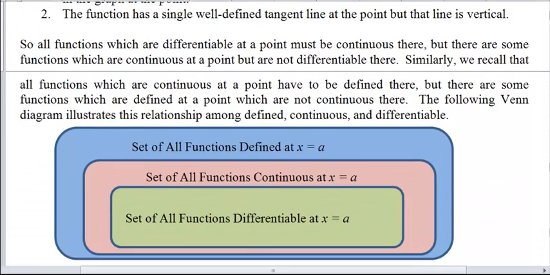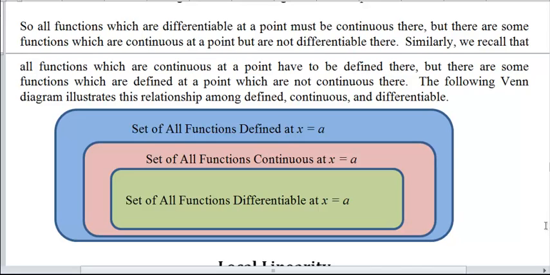So now this gives us a Venn diagram that shows the relationship among these different sets of functions. So remember, if we take all the functions that are defined at x equals a, that's this blue outer group. Within that, you have a subset of those that are all the functions that are continuous at x equals a.